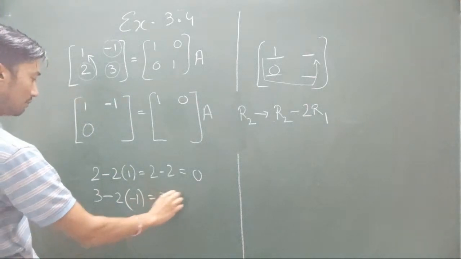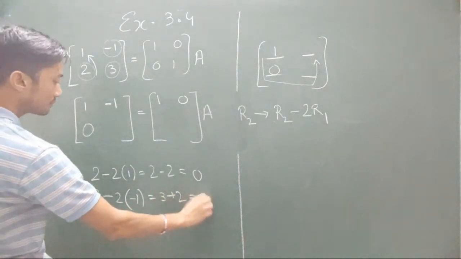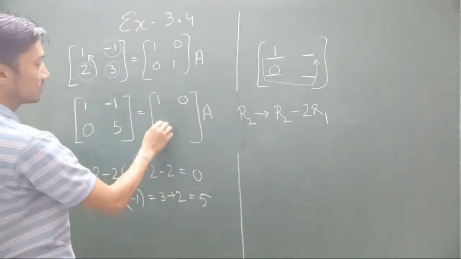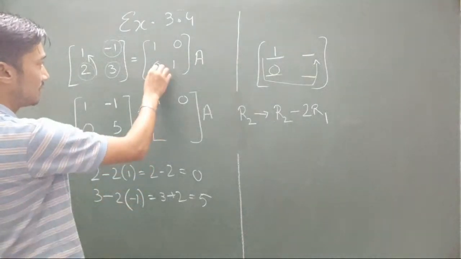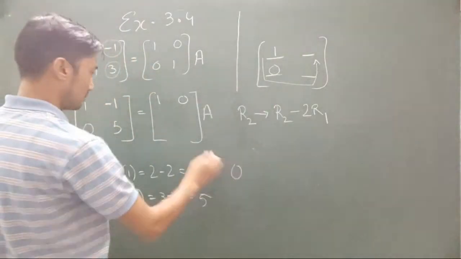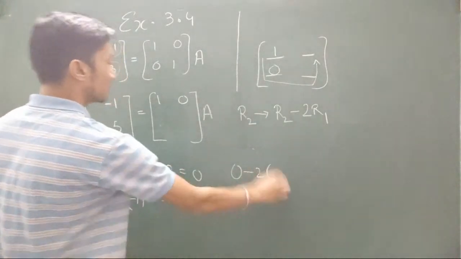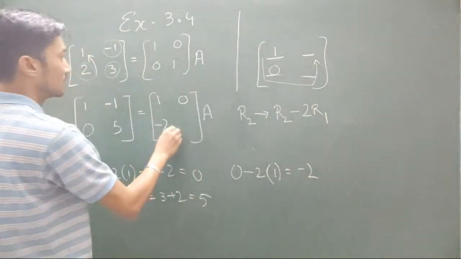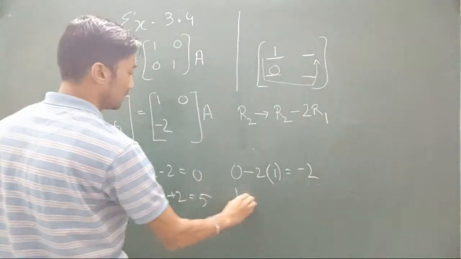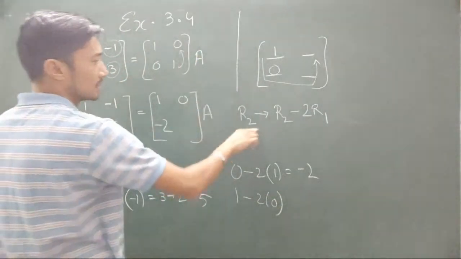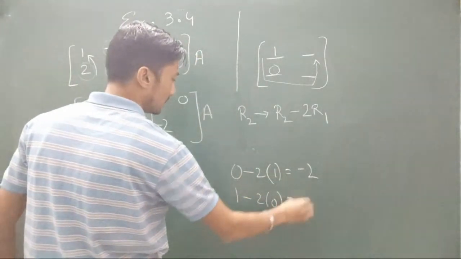So that's 3 plus 2. Same operation has to be done here. Next, 0 minus 2 times R1, so that's minus 2. Here, 1 minus 2 times 0. That's the operation that I'm applying. What do I get? 1.